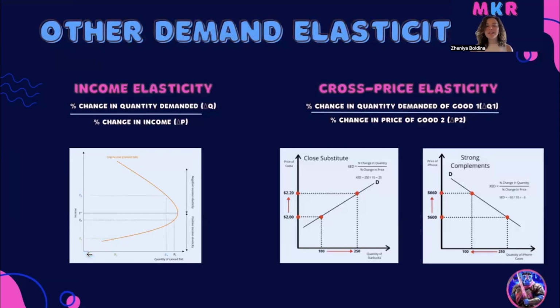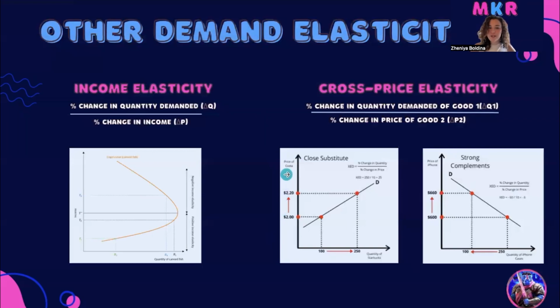Lastly, looking at cross-price elasticity, in this case, it helps to see whether two goods are substitutes or complements. Looking at this formula, it's the percentage change in quantity demanded of good 1 over the percentage change in price of good 2.